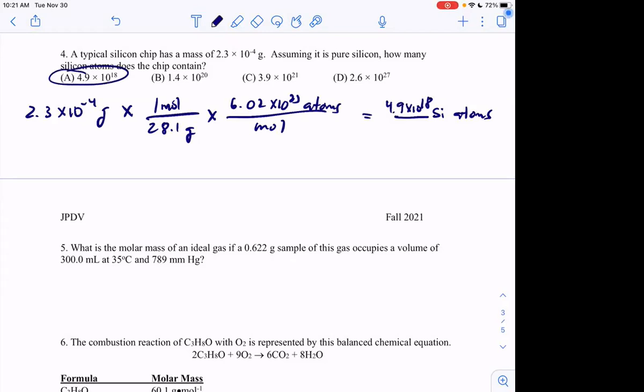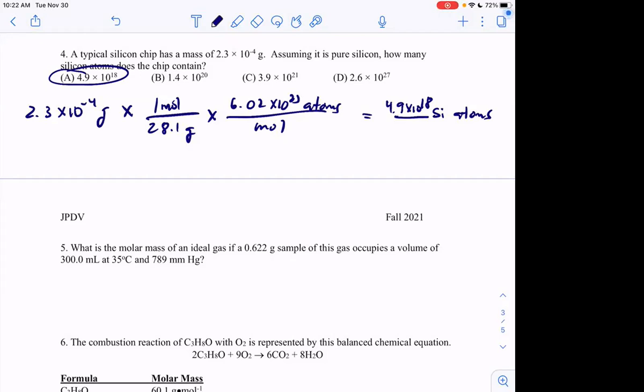Hey, better get a pretty big number. You're asked for the number of atoms, right? It's always large when you're asked for the number of atoms. Questions on that one?